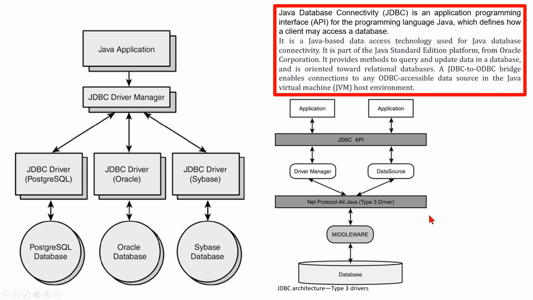The driver converts JDBC calls into the middleware protocol and is sent to the server middle tier. The calls are then converted to DBMS protocol inside the middleware and sent to the database.